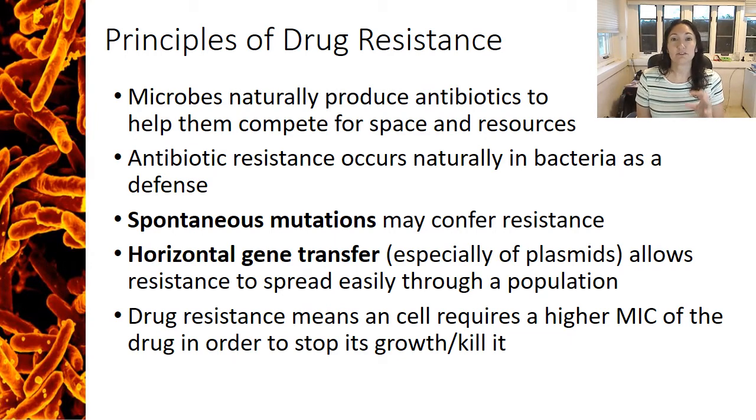It's important to keep in mind that antibiotics are natural products. Remember, microbes have been producing antibiotics to kill off their neighbors for thousands of years. And so their neighbors have been developing mechanisms to not be killed. And this is simple natural selection. If there's something in the environment that's killing you, that something is going to select for members of the population that don't die.